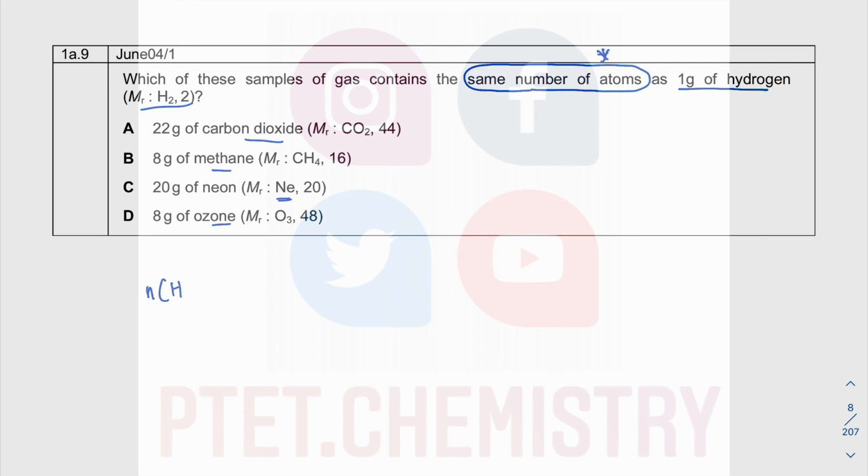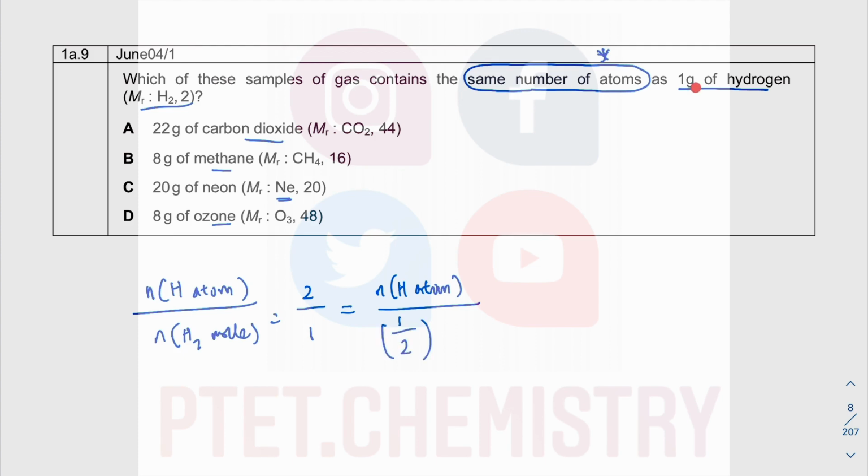The number of hydrogen atoms, okay, is to the hydrogen molecule. In 1 hydrogen molecule, there are 2 hydrogen atoms. Well, there are 2 hydrogen for 1 H2. 1 H2 has 2 hydrogen. Okay, so the number of H atoms over the number of moles of the H2. So the mole of hydrogen atoms over the mole of hydrogen molecule, that is 1 gram over 2 gram.